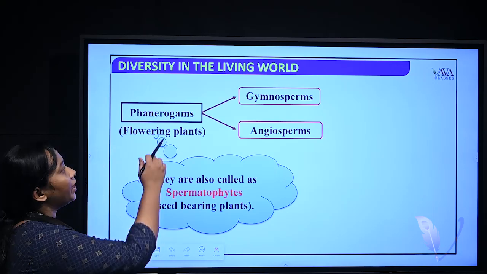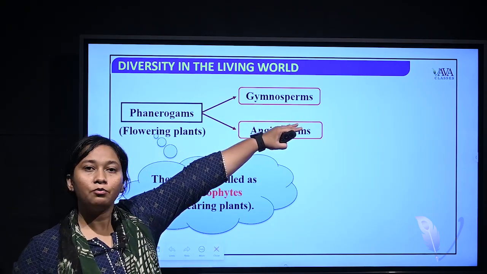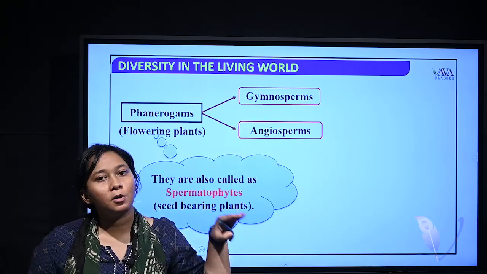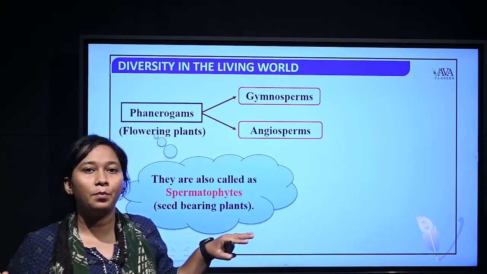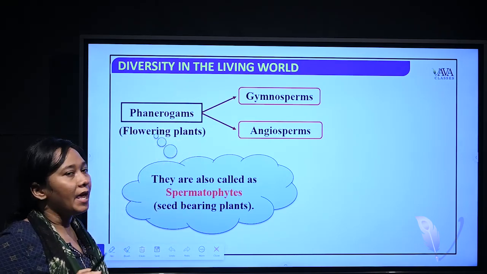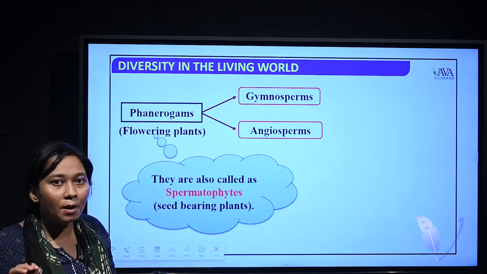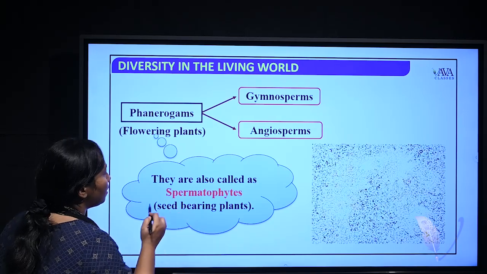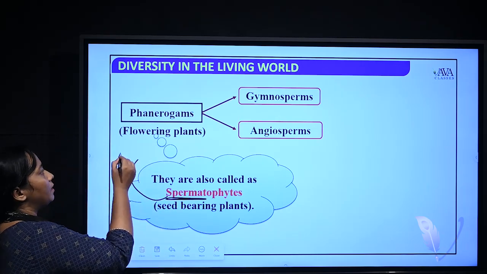In phanerogams, we study gymnosperms as well as angiosperms. Gymnosperms are naked seeded plants and in angiosperms, covered seeds are present. These phanerogams, I have already told you, are called spermatophytes. Sperma in botany means seed.